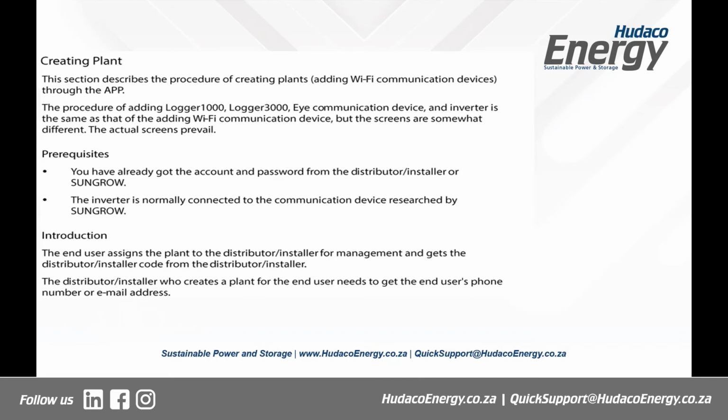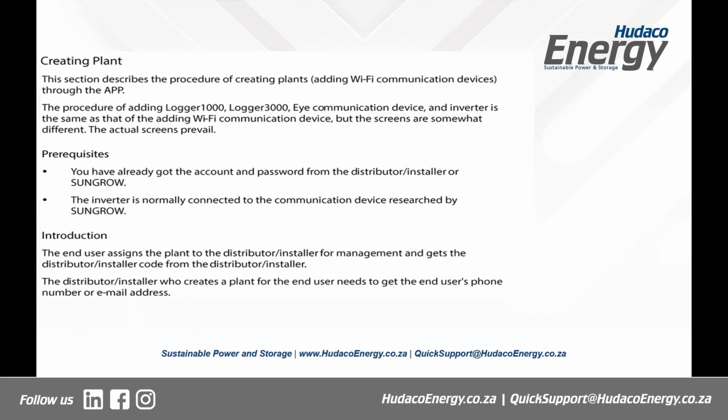So the end user assigns the plant to the distributor or installer for management and gets the distributor or installer code from the distributor. Okay, so if Hudaco Energy is the distributor, then Hudaco Energy will get the installer codes from SunGrow and give them to you, right?